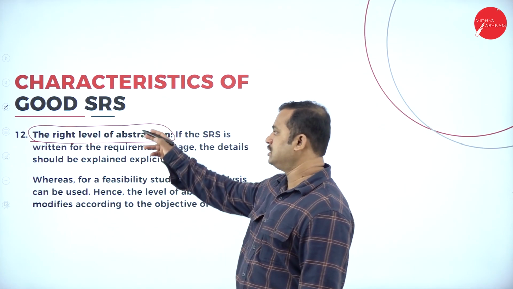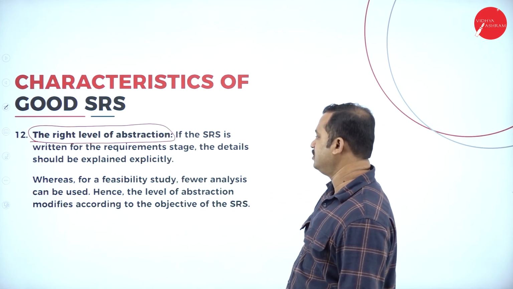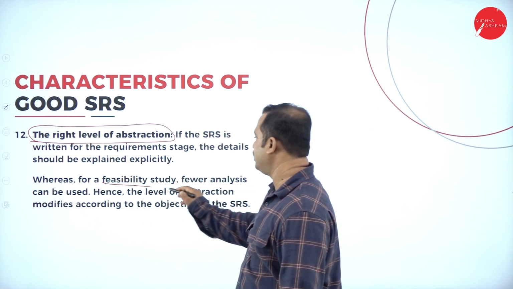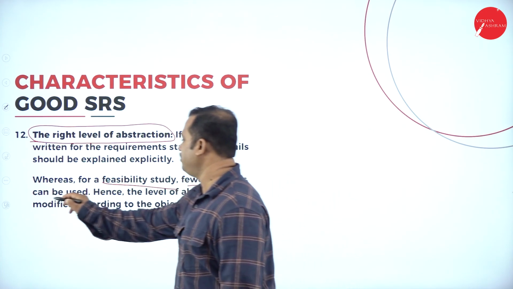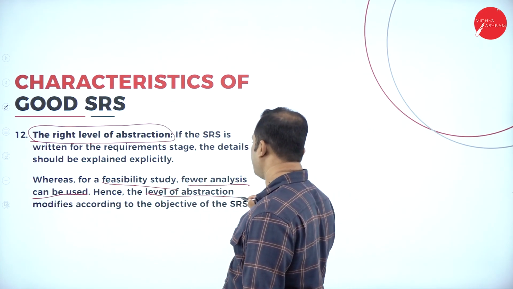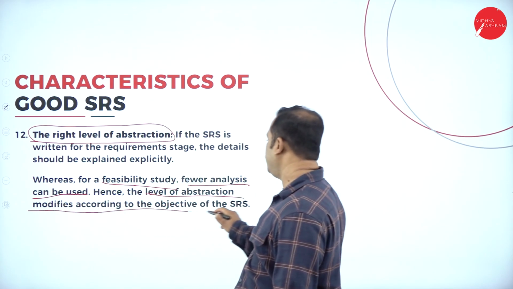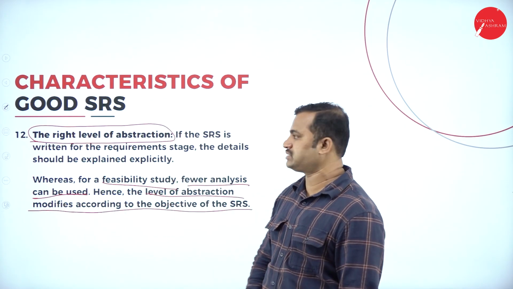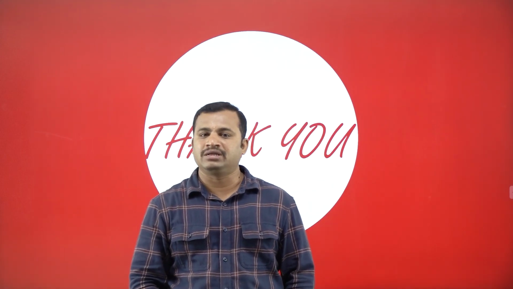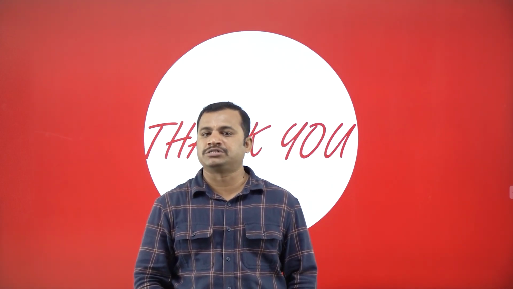That is called the right level of abstraction. The feasibility study and analysis can be used, hence the level of abstraction modifies according to the objective of the SRS. That is how we are going to do the documentation in case of software requirement specification.